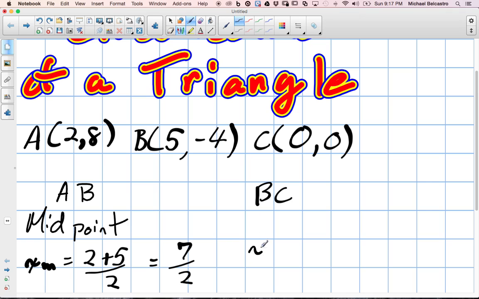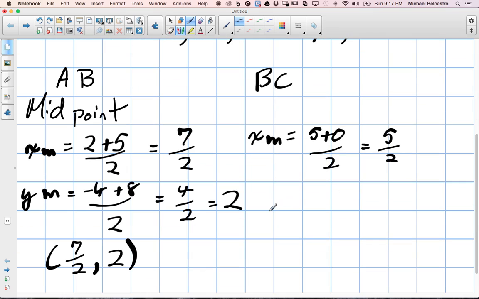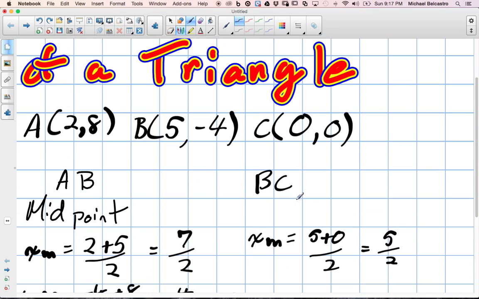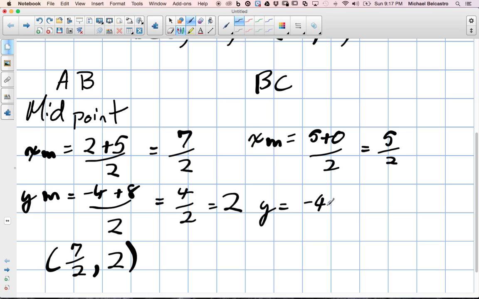Same idea. The x midpoint will be equal to, we'll add the 2 values together, so (5 + 0) divided by 2, which is going to equal 5 over 2. And the y midpoint is going to equal (-4 + 0) over 2, which is negative 4 over 2, which equals negative 2.